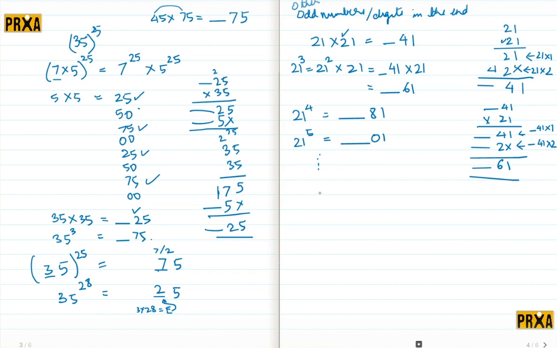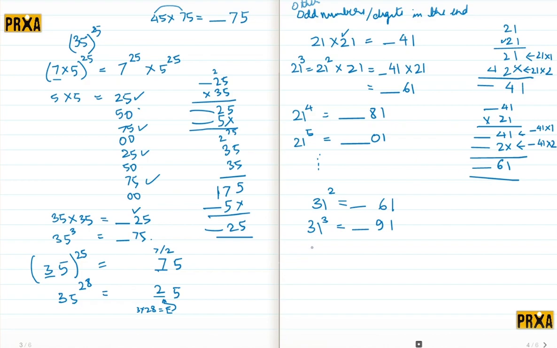If I were to generalize, let's say there were a number, 31. Now 31 to the power 2, my last 2 digits: 1 stays, and the tens digit is going to be 3 plus 3, 6. 31 cube, my last 2 digits should be 1 here, 3 times 3, 9, and so on.